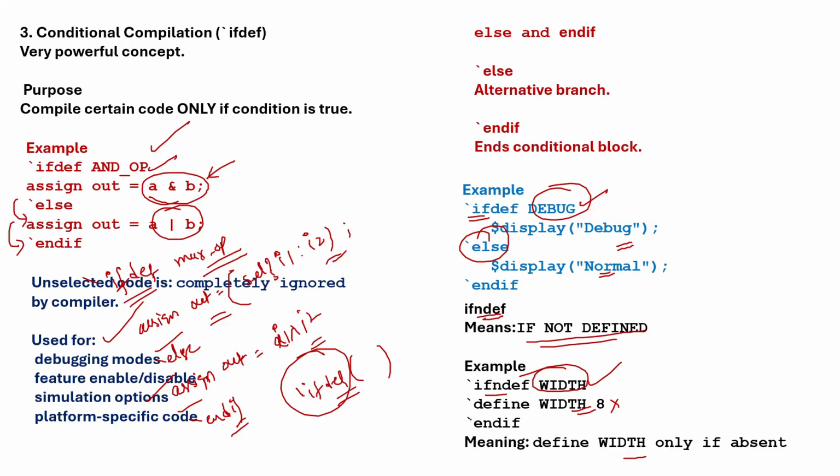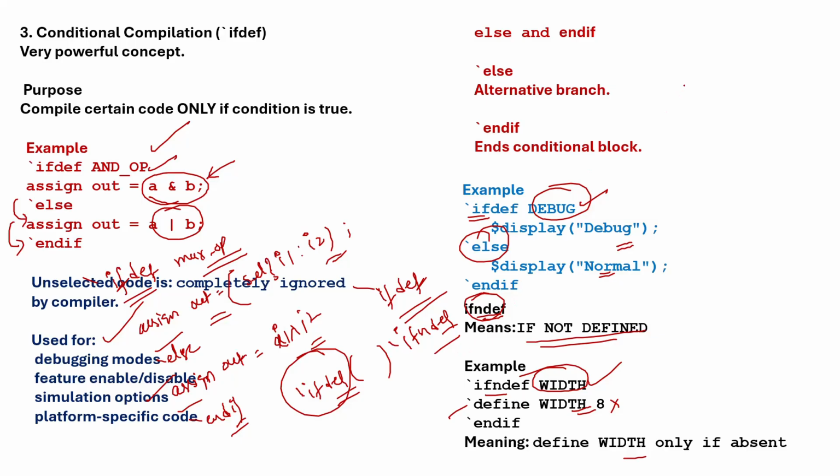With tick undef, the width is absent at that place; we do not consider that width because we are taking tick undef. If you don't want that width, go for this width value. If you want it, you can use tick if define, and then this width is also applicable at that place. If you write tick if not defined, then this width is not applicable to that variable.